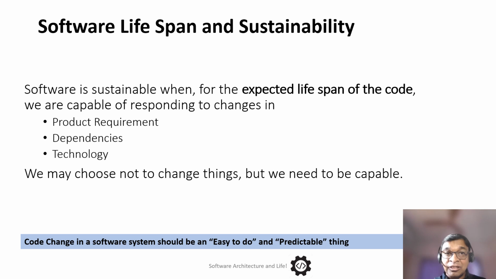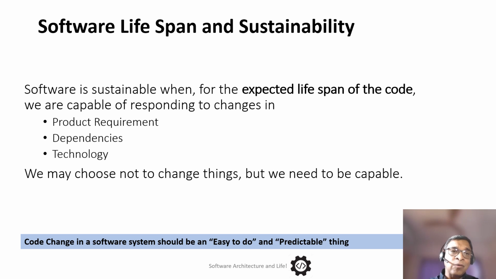And software is sustainable when, for the expected lifespan of the code, we are capable of responding to changes in the requirement, dependencies, or technology. For example, Google search engine was working on earlier versions of Windows. Now still it is working on Windows 10, Windows 11. There are many technology changes, many external dependencies.